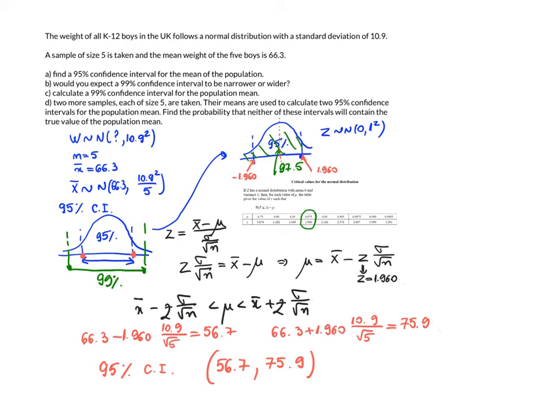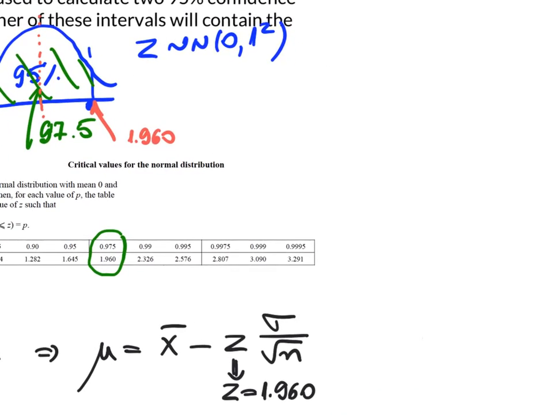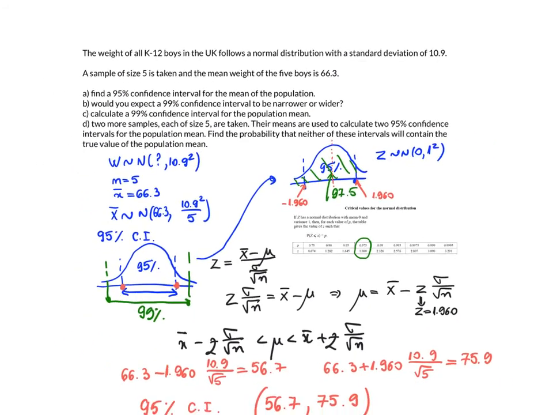Your z value will change, and as you have 99% of the data in the middle, you'll have 1% on both sides. Therefore, you are going to look for this area of 99.5%. And 99.5, it's here, so your z value will be 2.576 instead of 1.960.